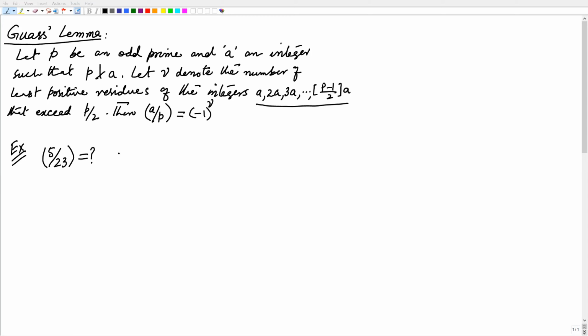Here a is 5 and p is 23. So we find 1 times 5, 2 times 5, 3 times 5, till (p minus 1)/2 times 5. Since p is 23, 23 minus 1 is 22, and 22 by 2 is 11.